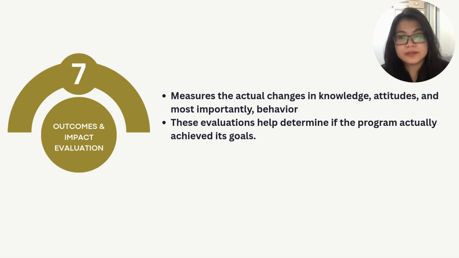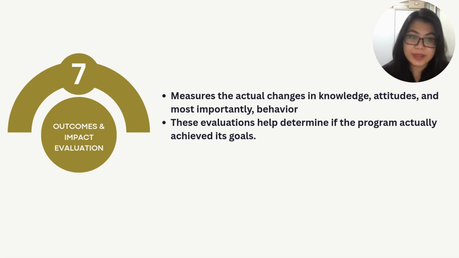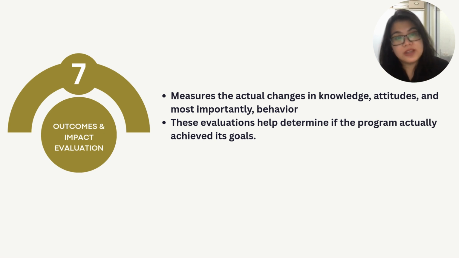For long term effects, it can evaluate improved health, increased school attendance, or reduced poverty, and it can help determine if the program actually achieved its goals. The key question for this evaluation framework is: did it work?